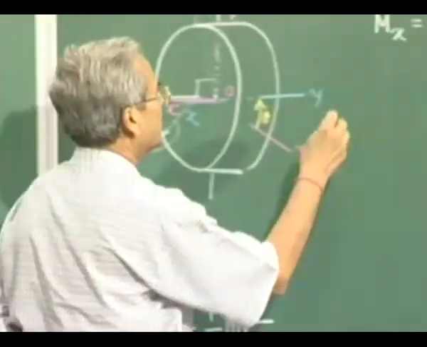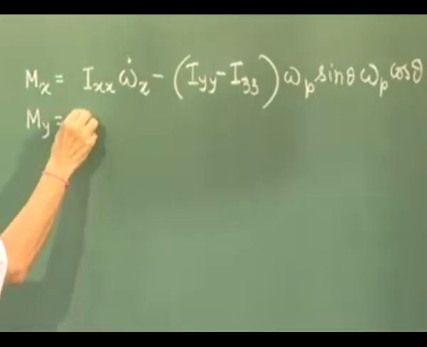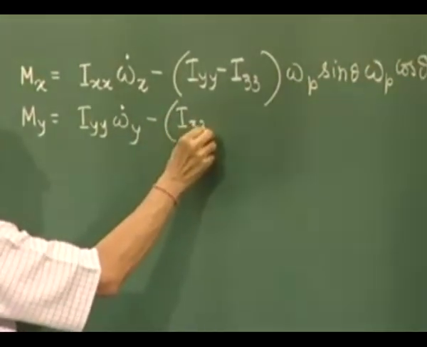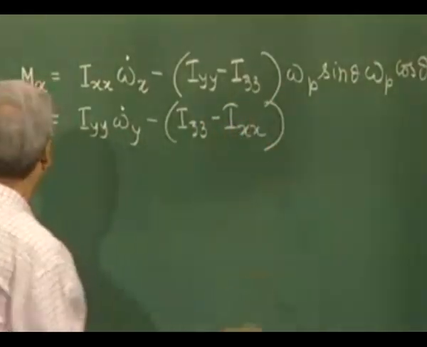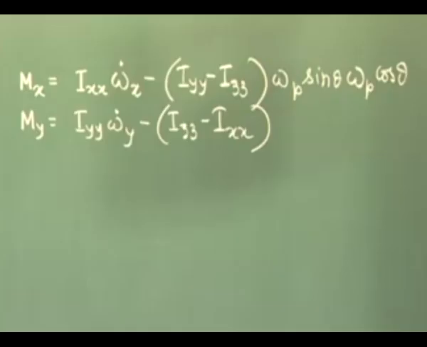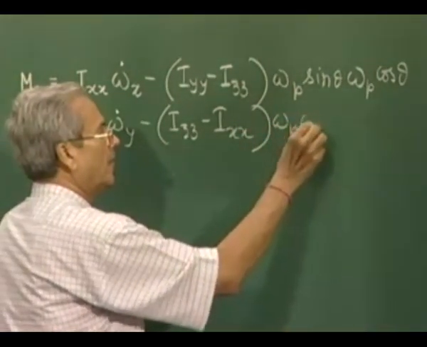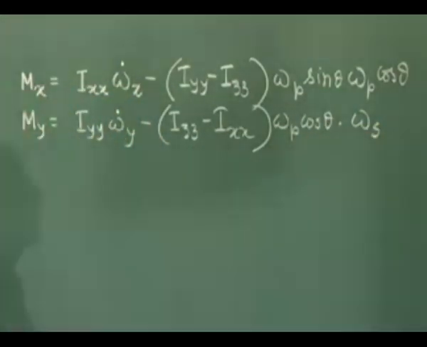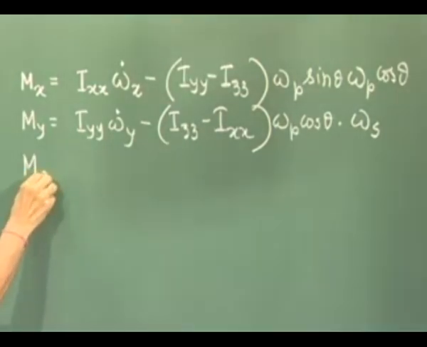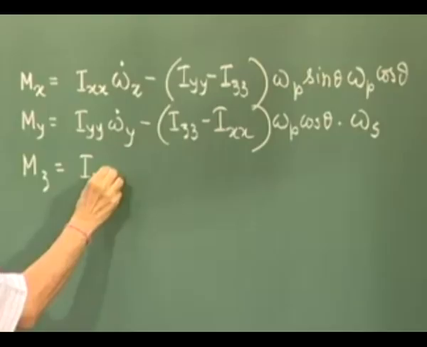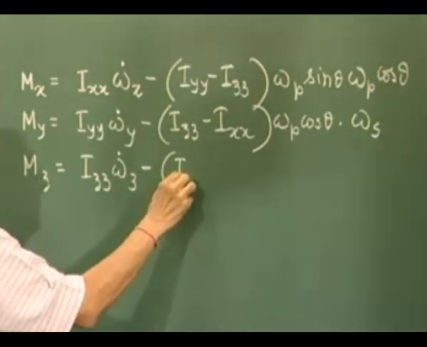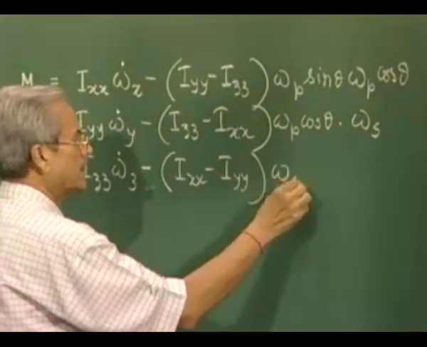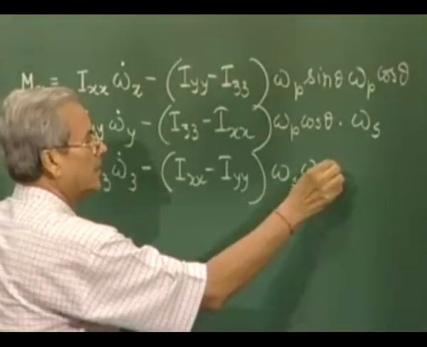Second equation, if you use, my is Iyy omega y dot, now here omega z is omega p cosine theta and omega x is omega s, and mz is, with omega x being omega s and omega y being omega p sin theta.